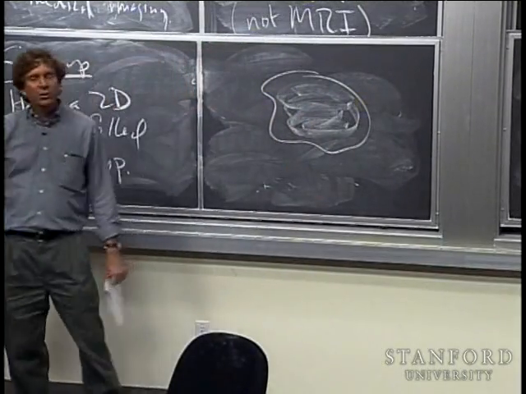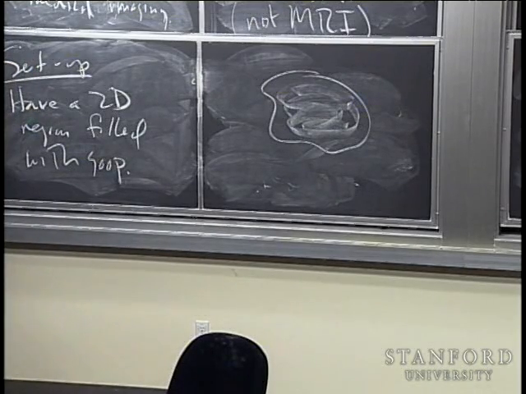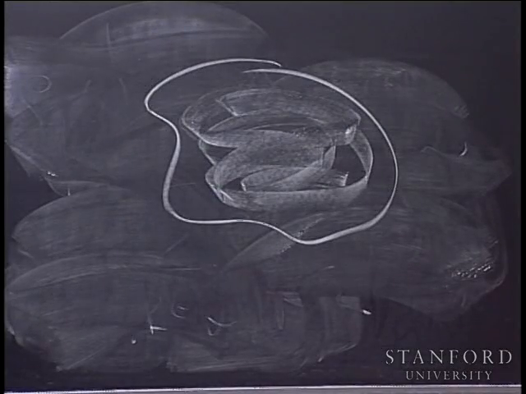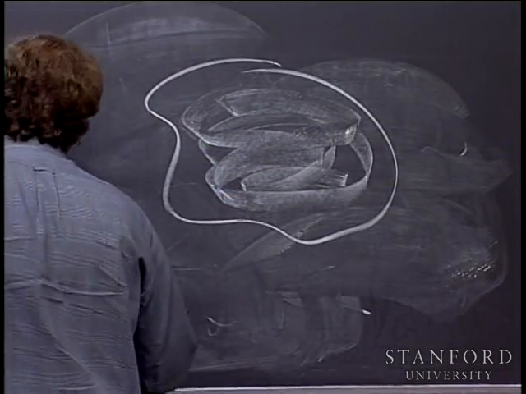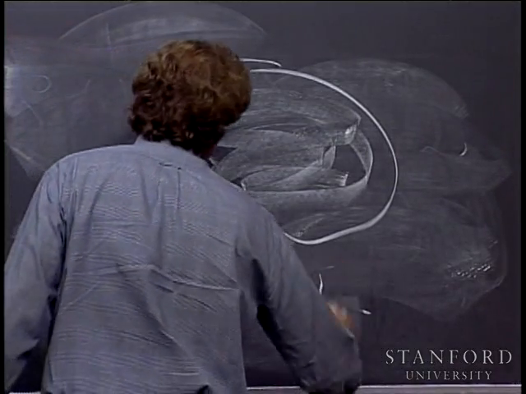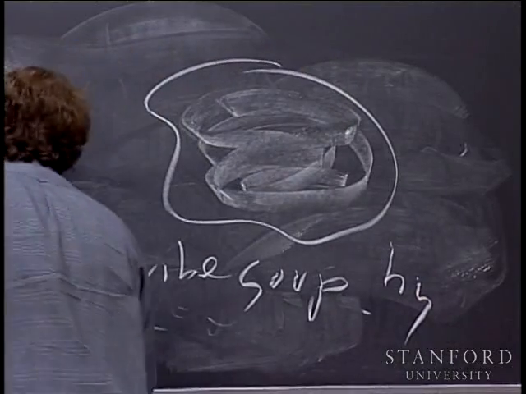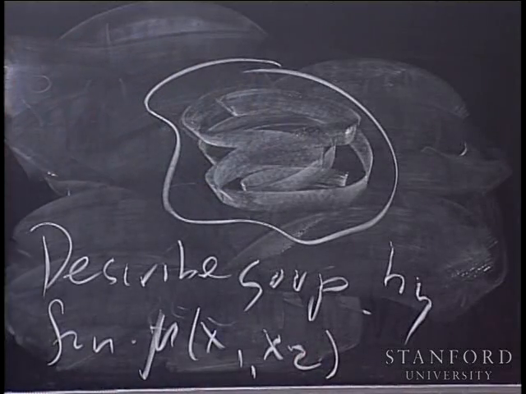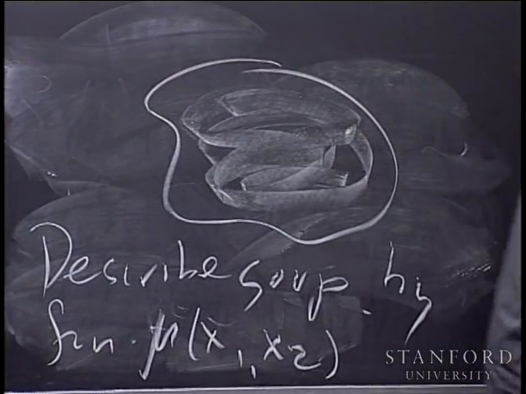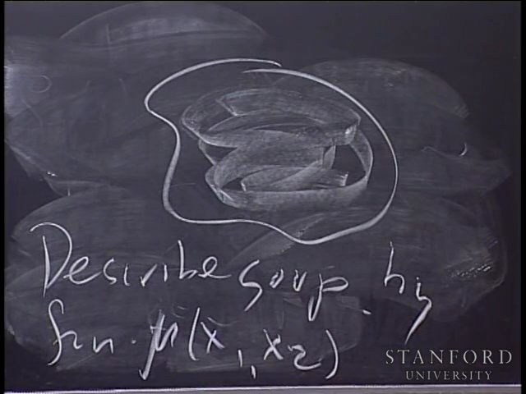That goop inside you is described by a function of variable density. You can imagine describing the density of the goop by a function mu of x1, x2. So this is taking place, say, in the x1, x2 plane, and mu gives the density of the goop at each point x1, x2.